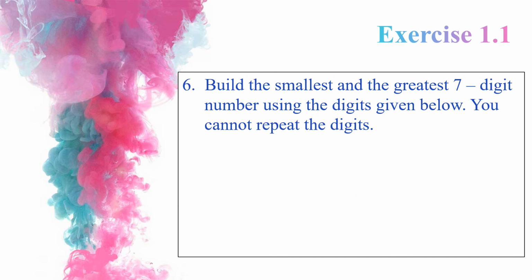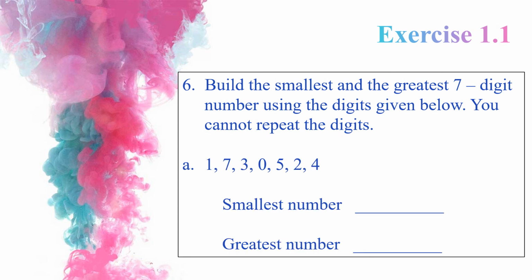The last question, question number 6. Build the smallest and greatest 7-digit number using the digits given below. You cannot repeat the digits. A subdivision. The digits are 1, 7, 3, 0, 5, 2 and 4.